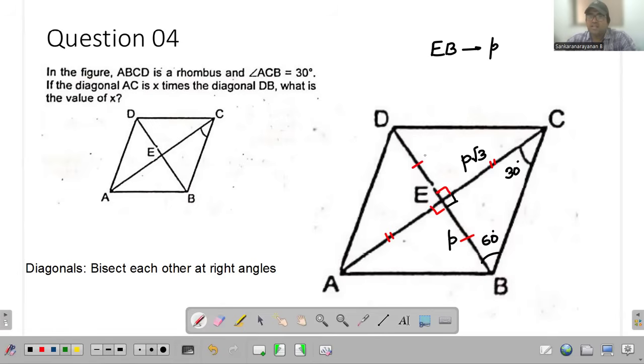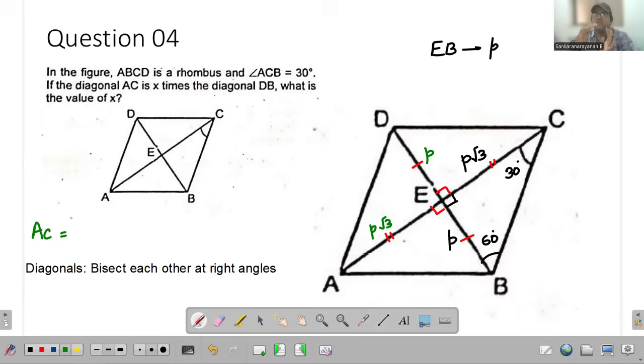Now let me consider DE. DE will also be equal to P and AE corresponds to P root 3, because for the rhombus, the diagonals bisect each other. Got my point? So that helps me to find our diagonal AC. You know how much it will be?